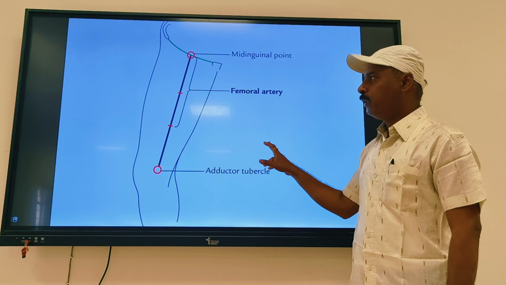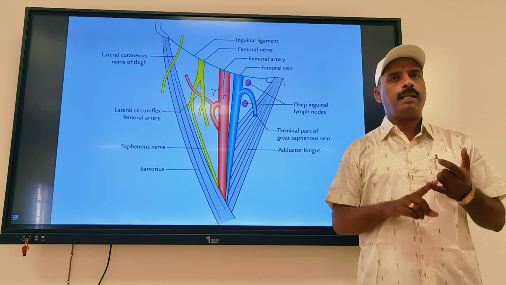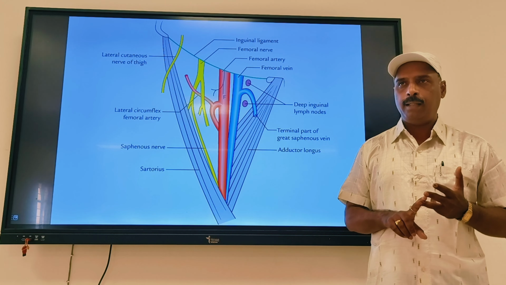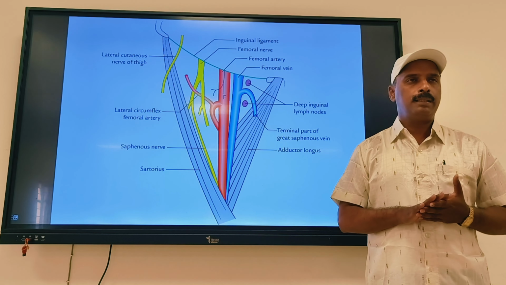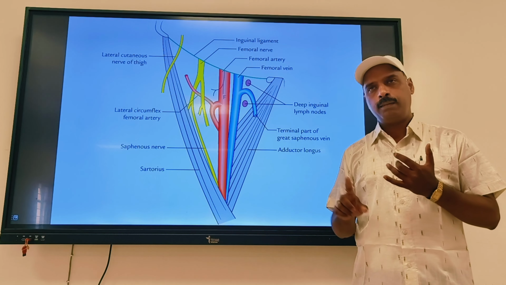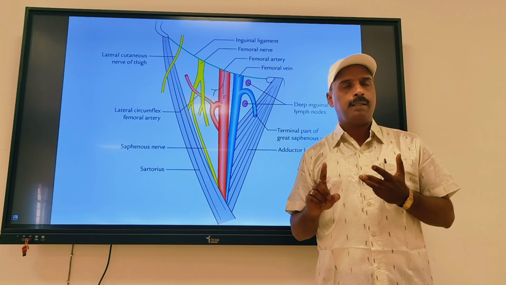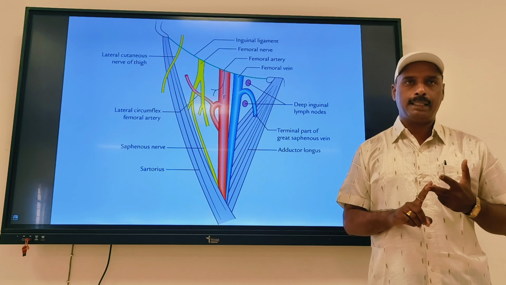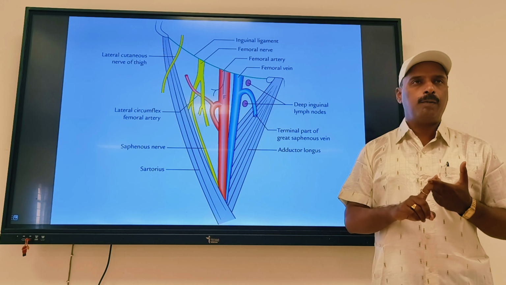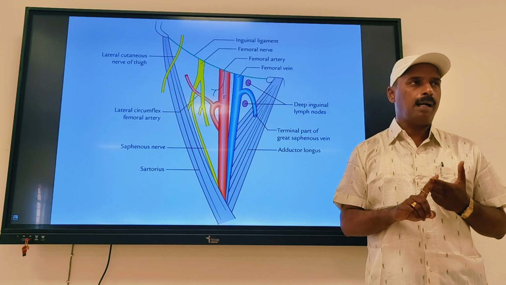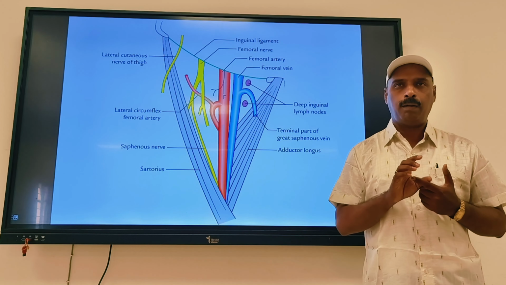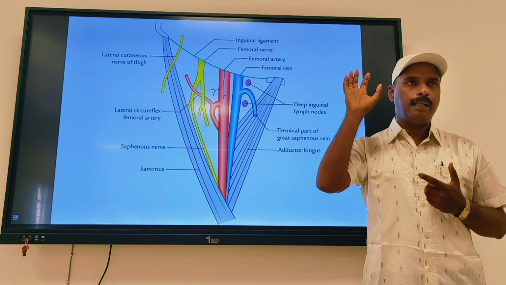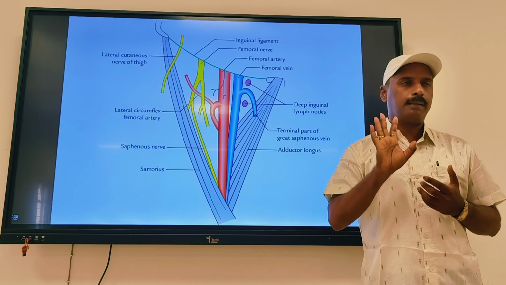So this is all about the topic of the femoral artery and femoral vein. We did a detailed study including its introduction, origin of the artery, then the course and extent. Then I have told the relations of the femoral artery in the femoral triangle and adductor canal, and the branches of the femoral artery in the femoral triangle and adductor canal.